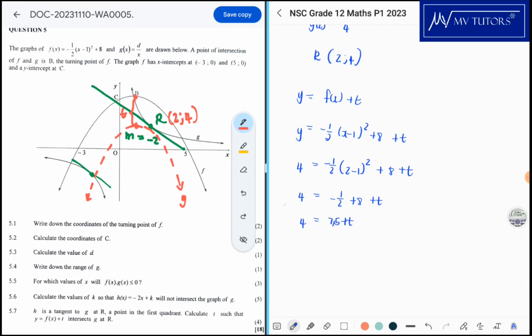So if I take 7.5 to the other side, I'll basically have 4 minus 7.5, which will be negative 3.5. Yeah, 3.5 plus 4 would be 7.5. So negative 3.5, and that would be equal to t. Okay, or we could say t is negative 7 over 2. However way you want to put it, it works.